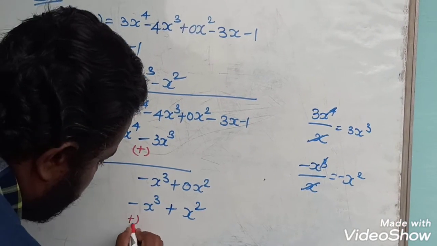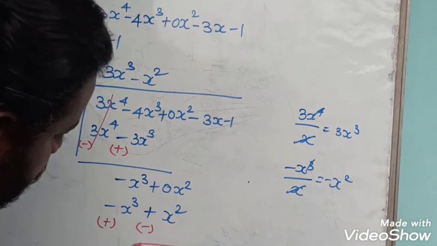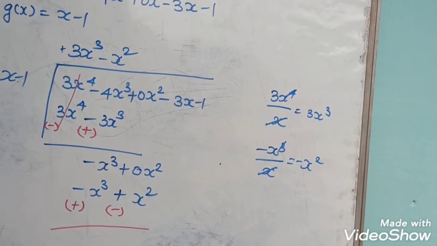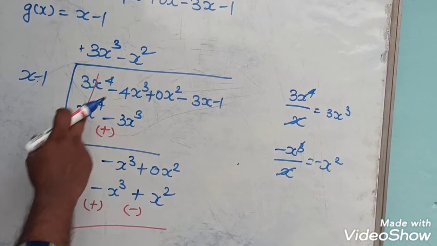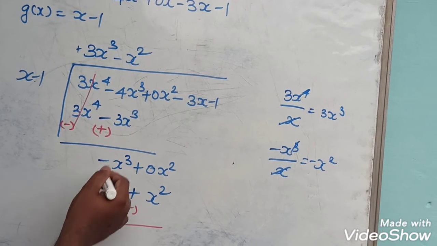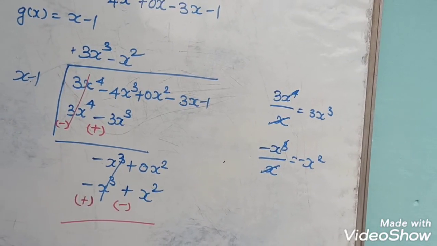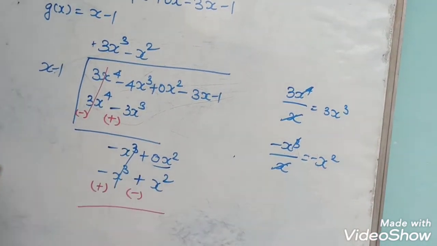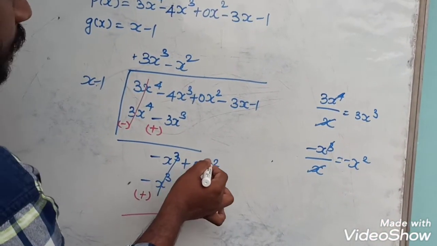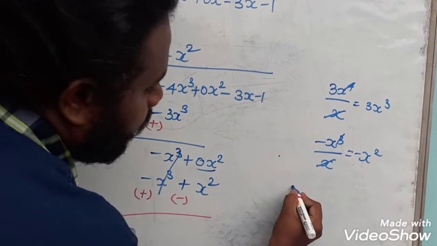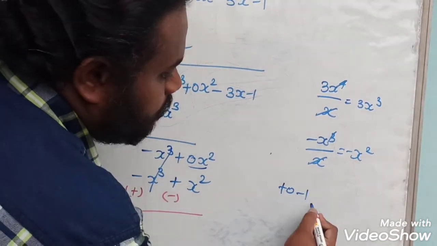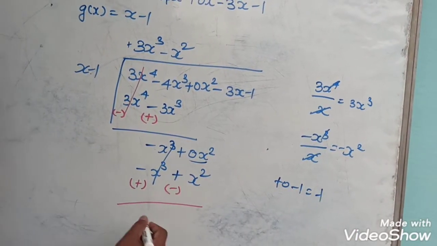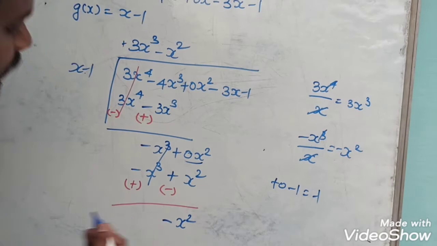So this one plus and this one becomes minus. Now you see here minus x cube plus x cube cancel. Here there is no term at all. That is a 0. So plus 0x square, that is plus 0 and then minus 1. What we get? Minus 1. That means minus x square.